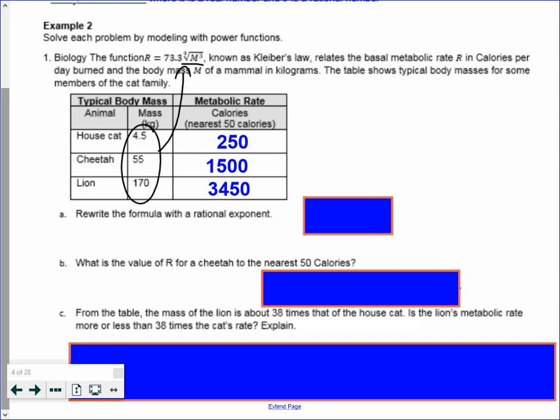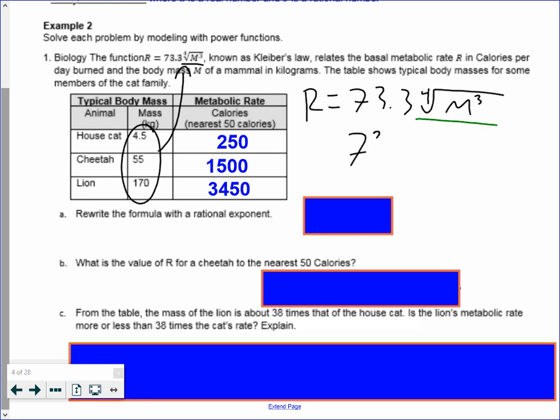We know what the typical metabolic rate will be for a house cat, cheetah, and lion. Now we're going to rewrite the formula with the rational exponents. Our function is R equals 73.3 times the fourth root of m to the third power. To rewrite this, we need to change that radical part into a rational exponent.